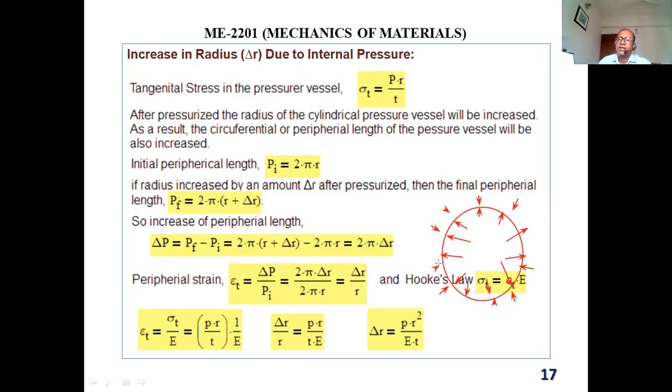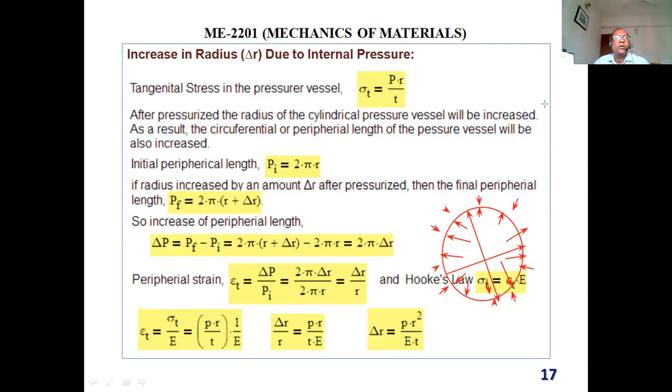This is the ideal situation, but in some situations the pressure might be high outside and low inside. So in this case, as I show in the figure, the diameter or radius of the pressure vessel will decrease.